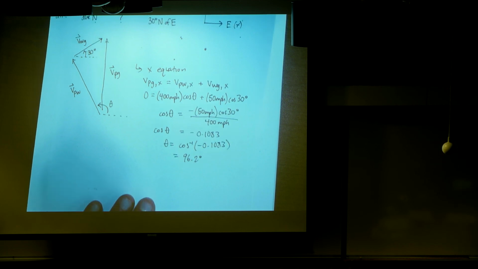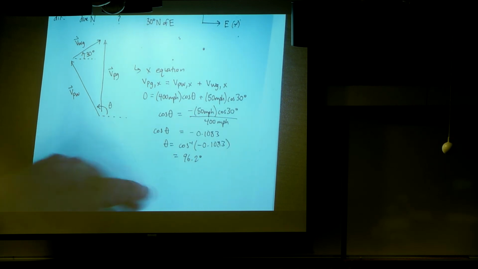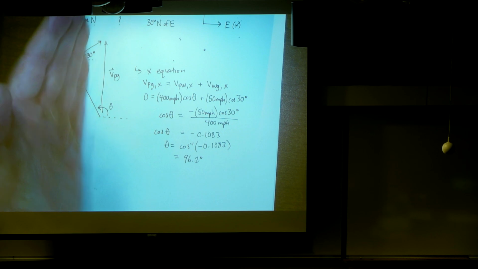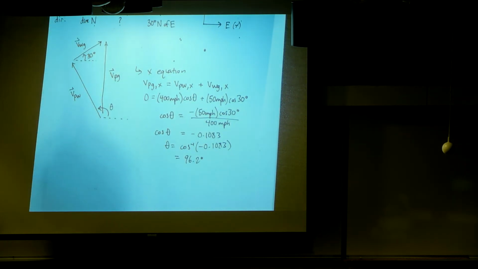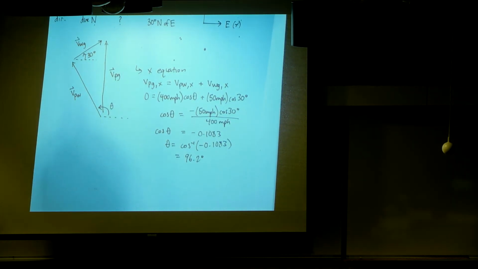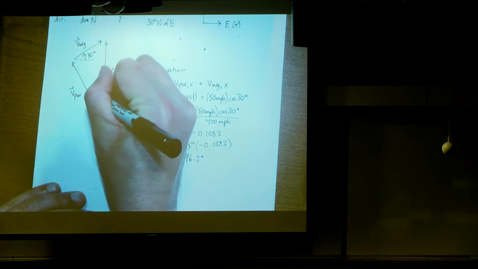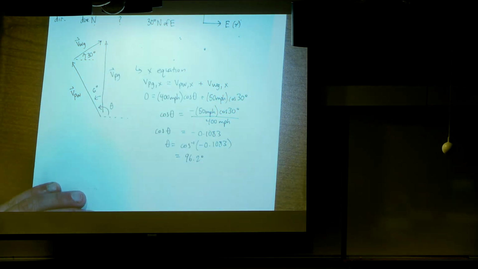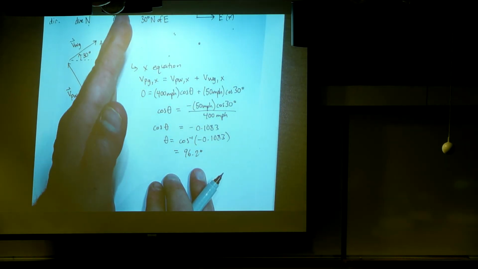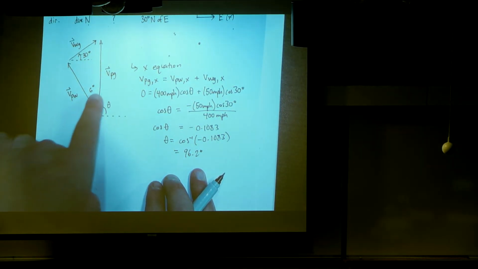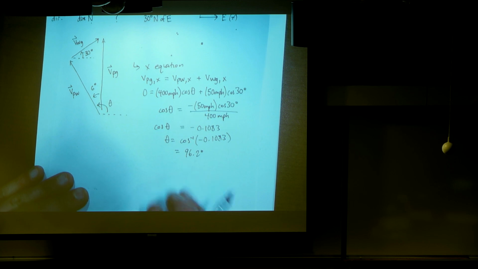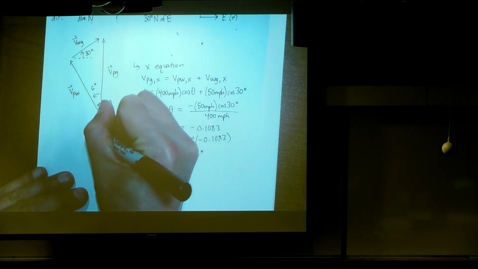Okay, so that means the angle we're looking for off the x-axis relative to east is 96.2 degrees. But another way we could say this is it's just 6 degrees going this way, right? Because you have 90 and then an additional 6 degrees. So this smaller angle right here is 6 degrees.